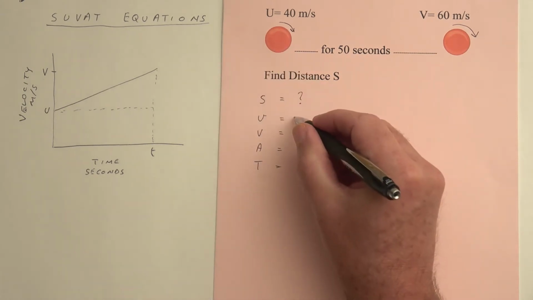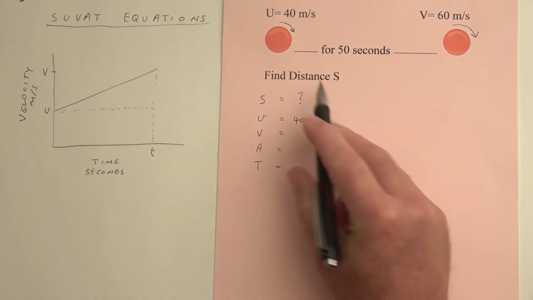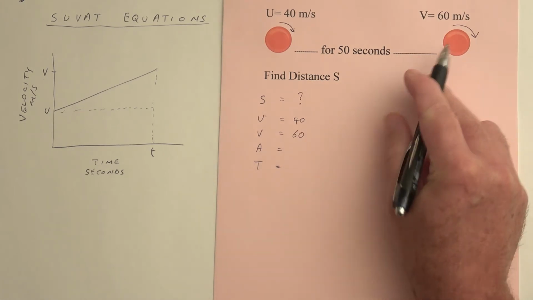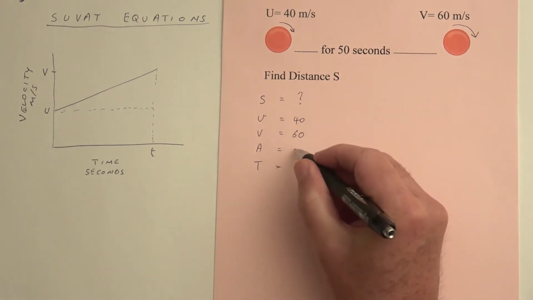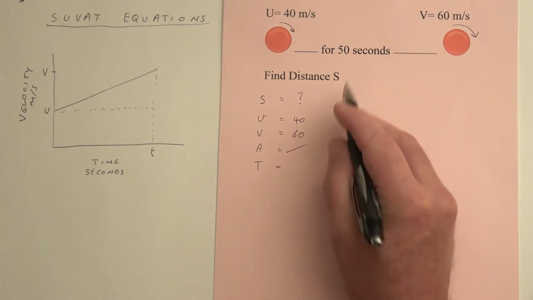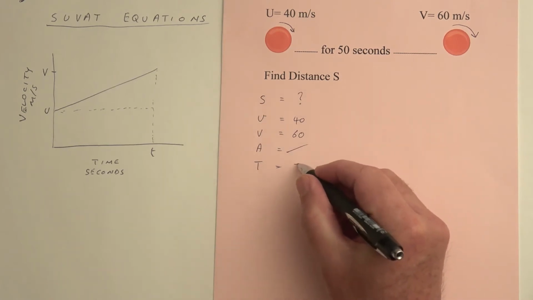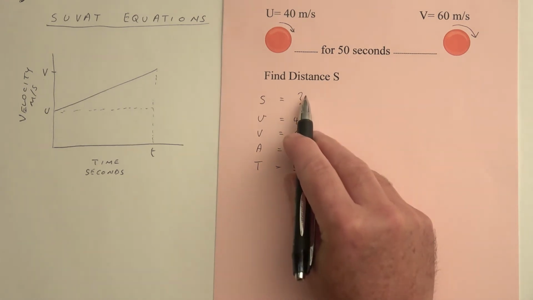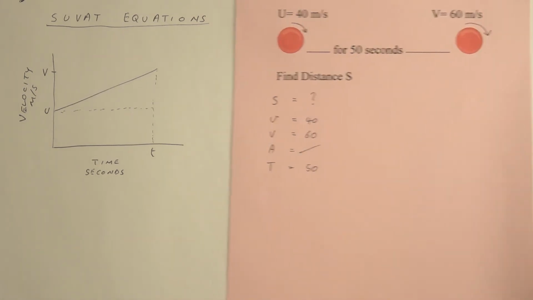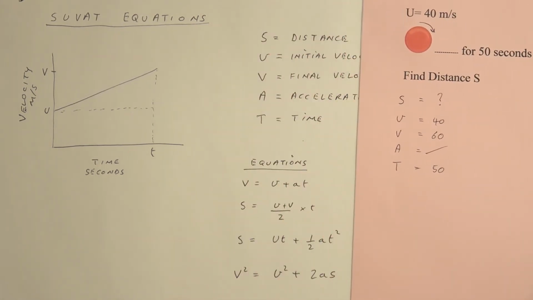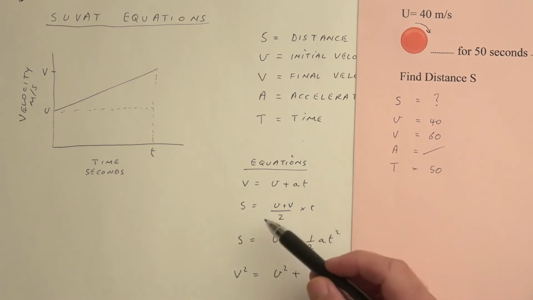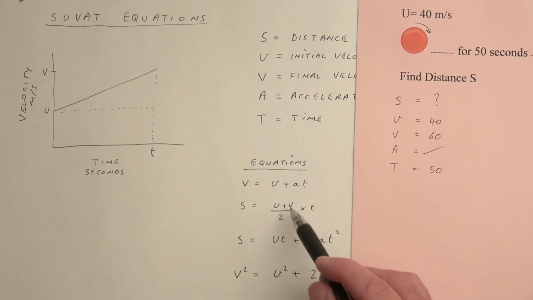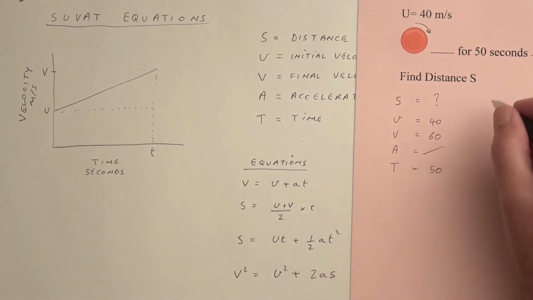Put in the bits we know. We don't know acceleration, so we're not going to be able to use an equation with a in it. No. Yes, that one.